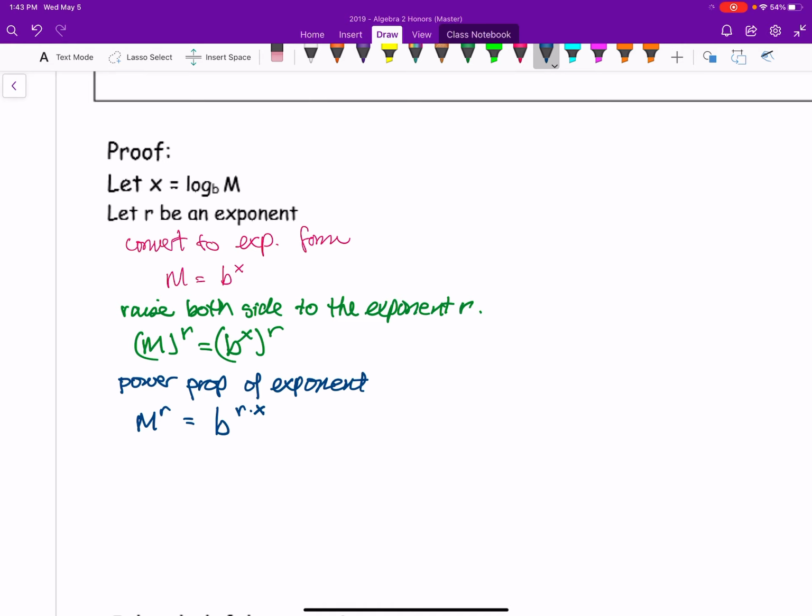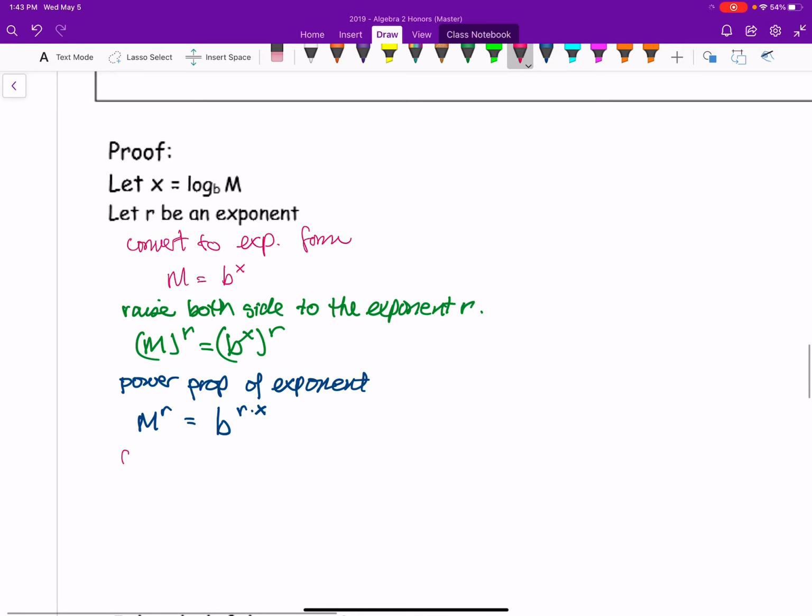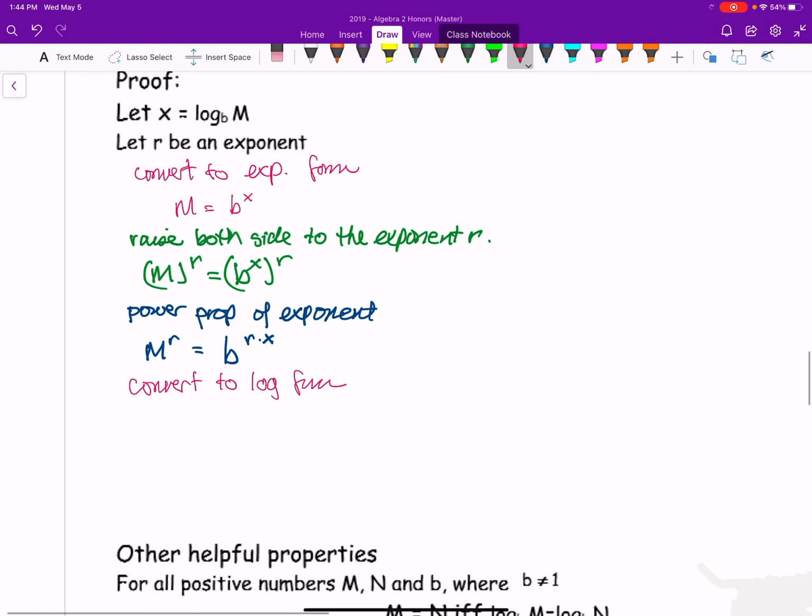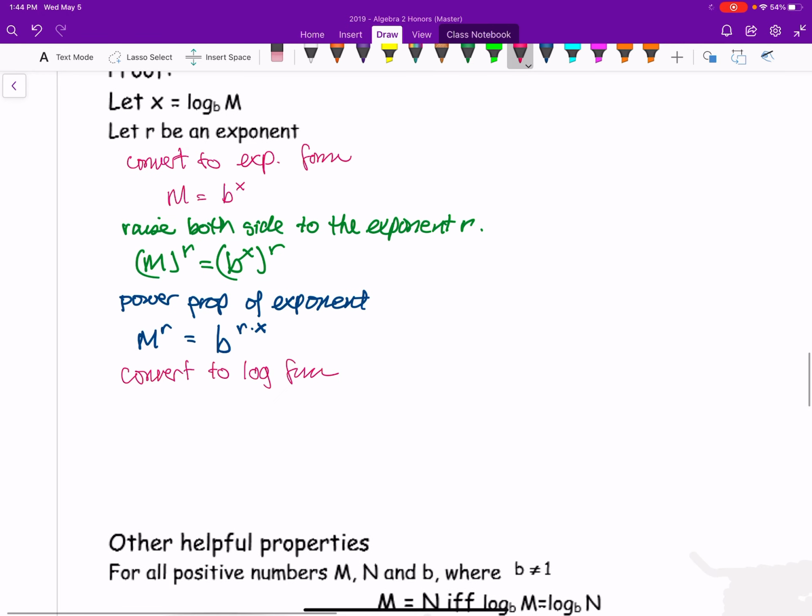Then we're ready to convert back to log form. So then we have log base b of m to the r is equal to the exponent, which is r times x, and then substitute in.